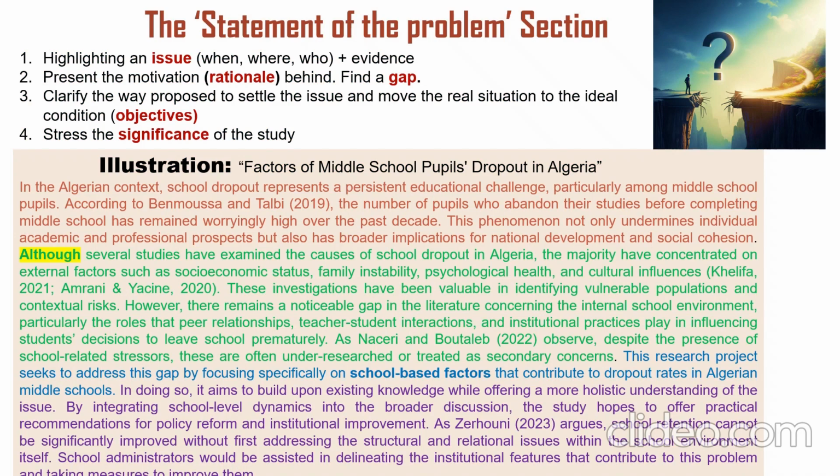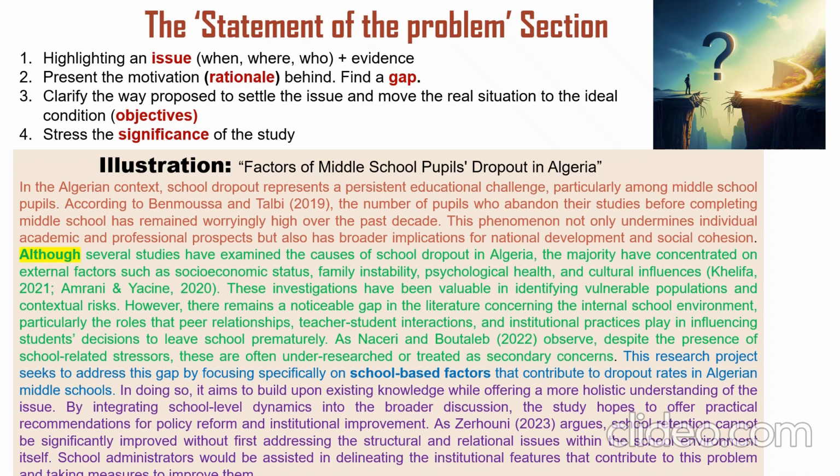And then, this research project seeks to address this gap by focusing specifically on school-based factors that contribute to dropout rates in Algerian middle schools. This is the aim of the study. In doing so, it aims to build upon existing knowledge while offering a more holistic understanding of the issue. By integrating school-level dynamics into the broader discussion, the study hopes to offer practical recommendations for policy reform and institutional improvement.